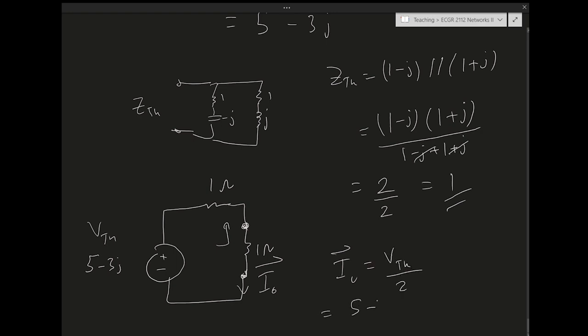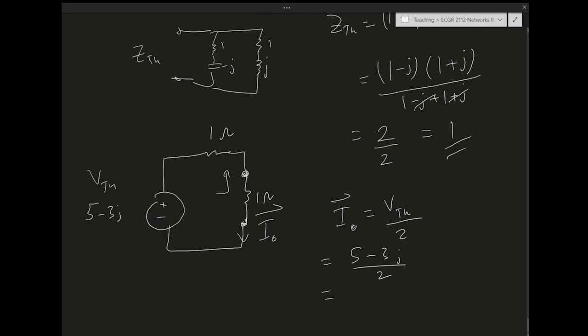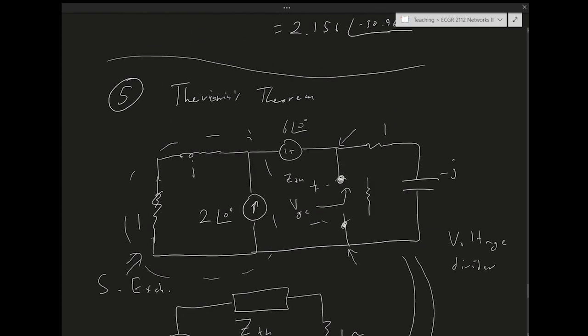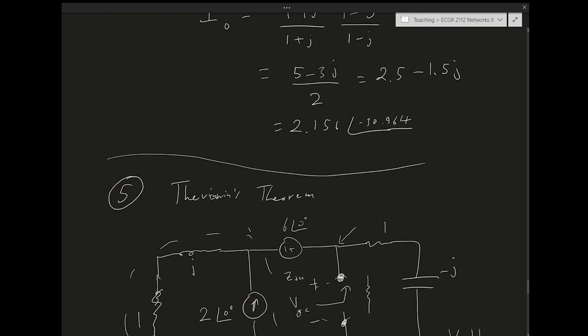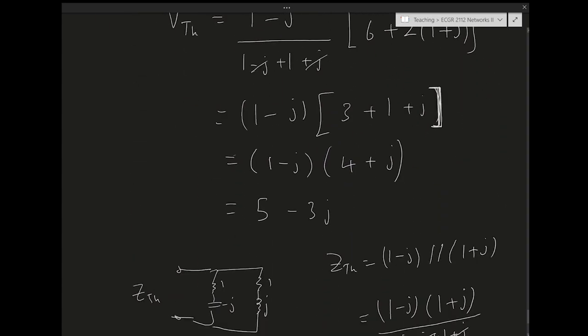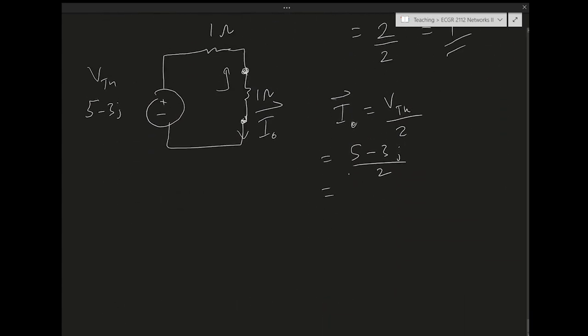So it's going to be 5 minus 3J over 2, which we've already calculated in the previous attempt and found to be 2.916 at minus 30.964 degrees.